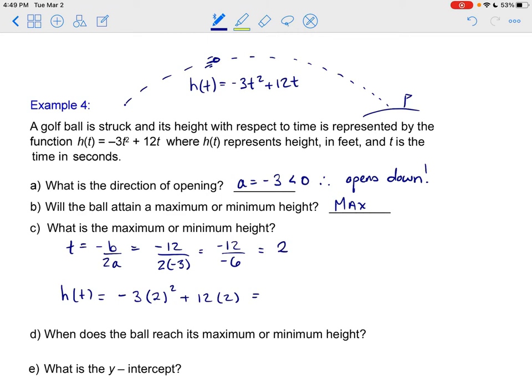So that is negative 3 times 2 squared, which is 4. Maybe I'll write that out, that step there. Negative 3 times 4 plus 24 is going to be, so that's negative 12 plus 12 is 12 feet. So that is our max height.